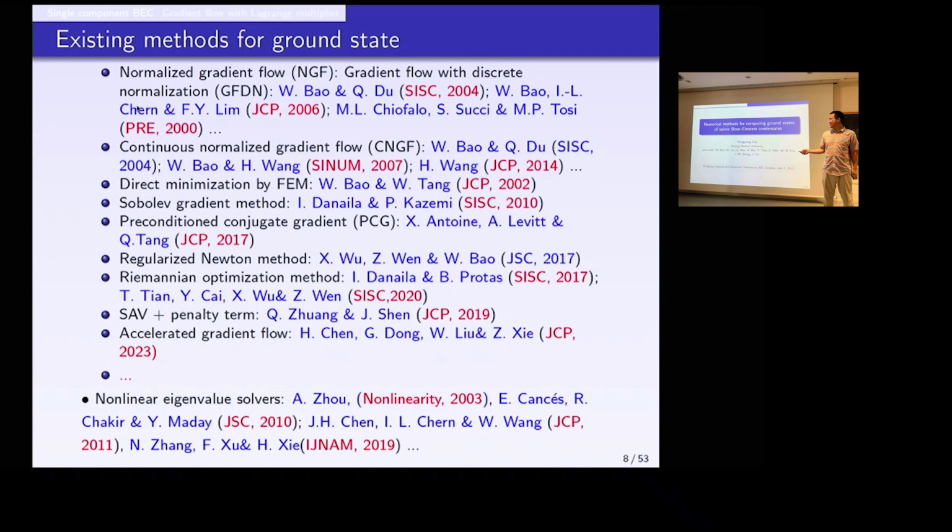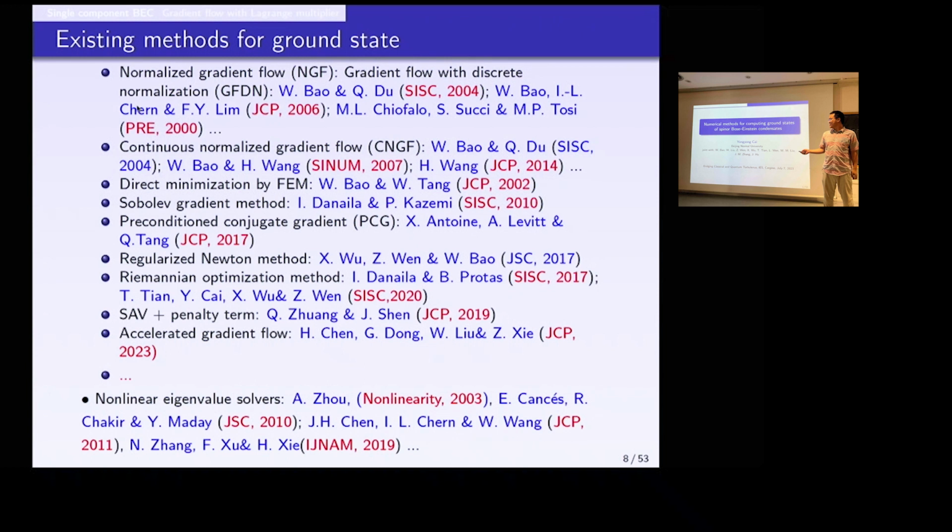So this is a partial list of the existing methods for computing ground states based on this minimization idea. From the normalized gradient flow, or imaginary time propagation in physics, and also there are some variants, and also a very nice idea, the Sobolev gradient by Ionut, and also later they introduced the Riemannian optimization approach with Bartek.